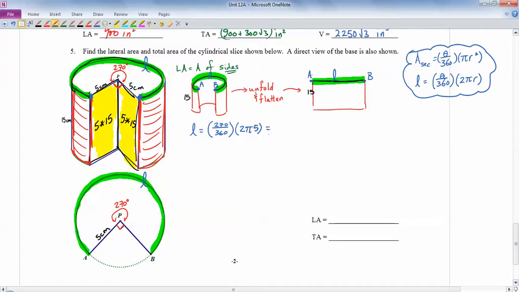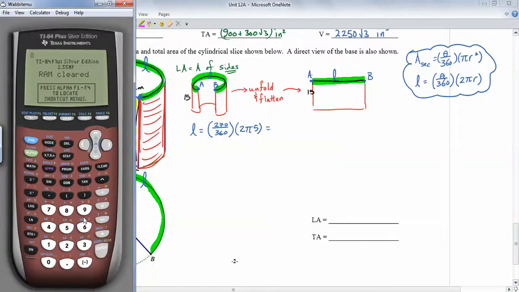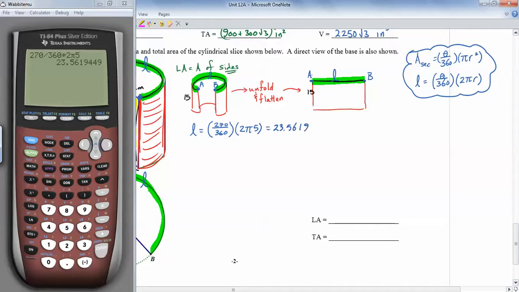I'll spare you from exact form for this problem. So let's just call up the calculator here. So 270 over 360 times 2 pi 5. All right, so it's 23.56194.